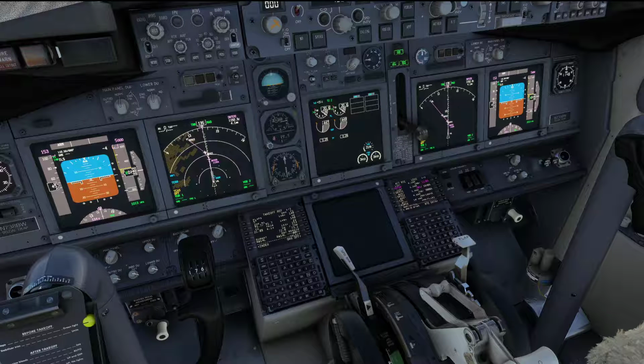If we also have a look into the different lift-off attitudes depending on the flap setting and their associated minimum tail clearances, we will see the following. For a 737-800 with a typical flap 5 takeoff, the liftoff is going to occur at 8 degrees, and we have a tail clearance of 51 centimeters. That means the tail of the airplane is going to get 51 centimeters above the runway before the actual liftoff occurs.